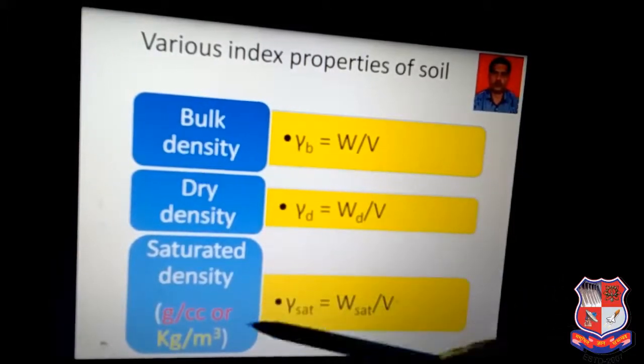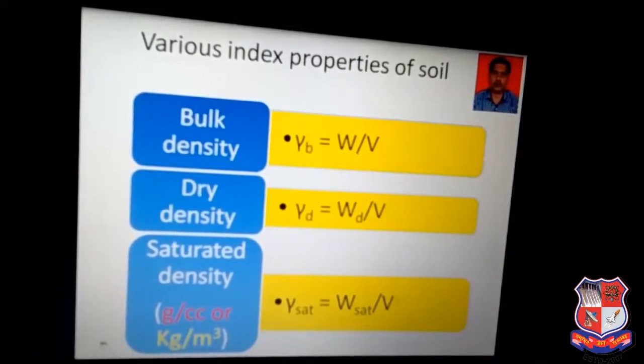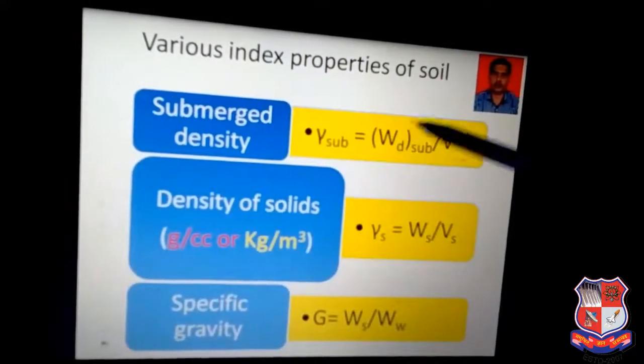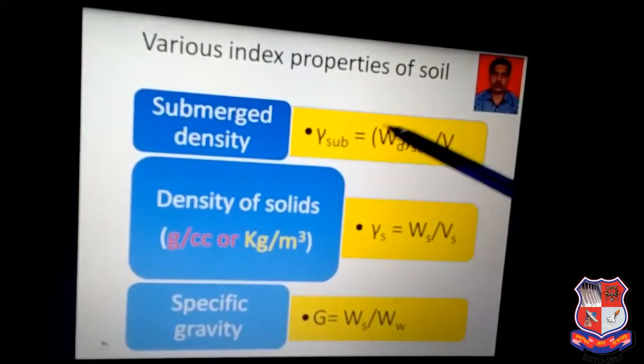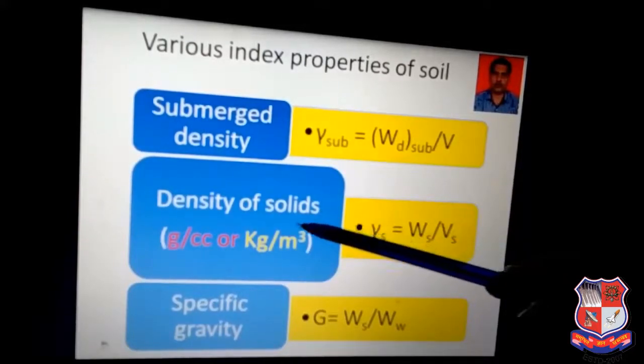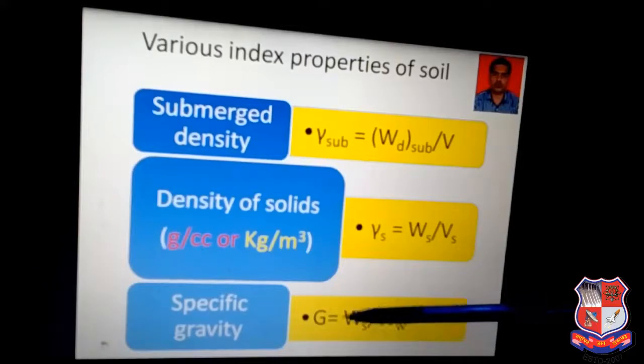All the densities are denoted in gram per cc or in kg per meter cube. Submerged density gamma sub, that is gamma submerged, we say, the W in submerged stage divided by total volume. Density of solids, gamma s, Ws divided by volume of solids Vs. Specific gravity, a ratio of weight of solids and weight of water.